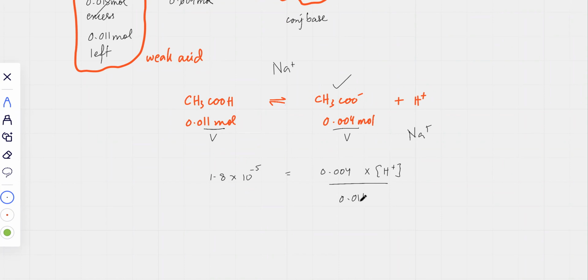So you can directly use the moles of the conjugate base divided by the moles of the weak acid. No need to find concentration explicitly. So can you tell me what the value of pH is in this case? I got 4.31. Me too. So the pH comes out to be 4.31.